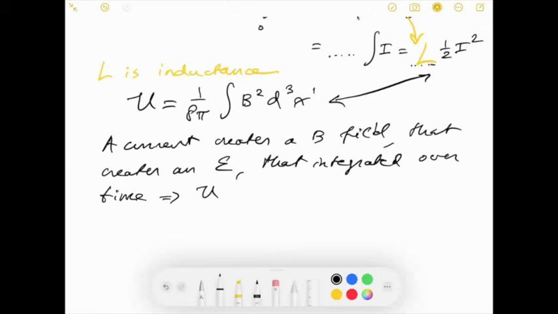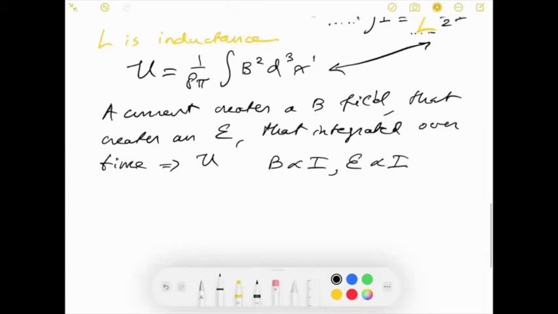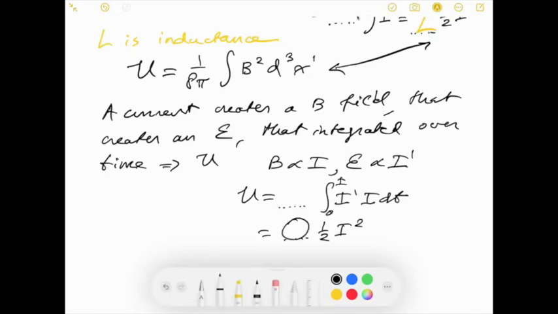And since B is proportional to I, E is also proportional to I, and therefore you will always end up with U being an integral of the EMF times I times dt, which is always going to be 1/2 I squared if you go from 0 to I. So this thing in front is always going to be something that depends only on the geometry.